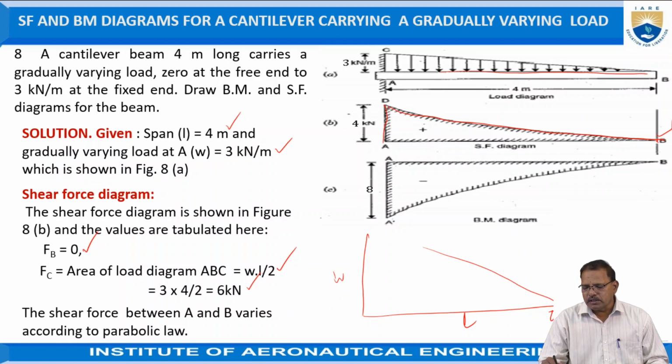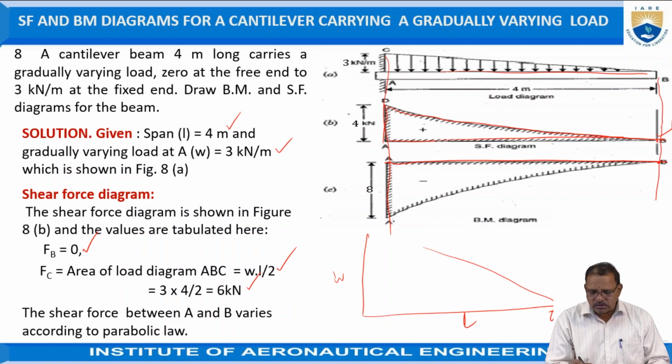Here for the bending moment diagram, since it is positive, we have to take upward direction with respect to the base. For drawing bending moment diagrams, again draw lines in downward direction to represent the length of the beam. Since the bending moment is negative for the cantilever beam, the bending moment at B is equal to 0. At A, we can take it as MA.